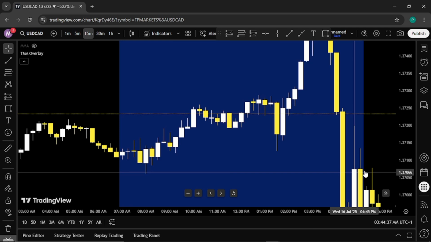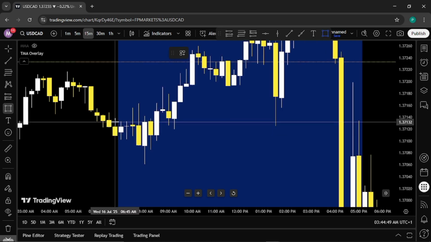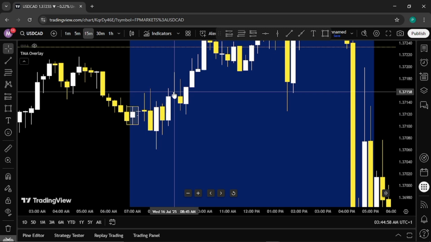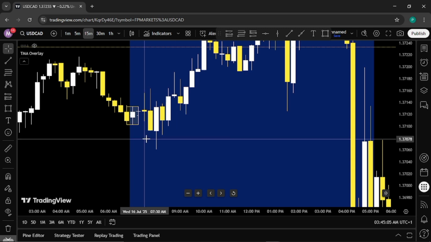So we mark out the high of the ORB and the low of the ORB. Yeah, so we wait for a candle to break below or above it. The first candle that breaks and closes outside the ORB breaks below the ORB, which gives us what? A sell signal, which is this.